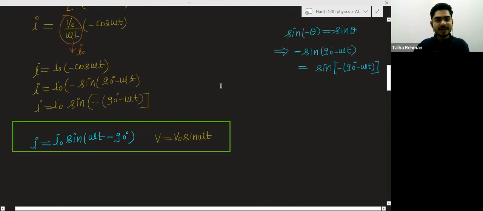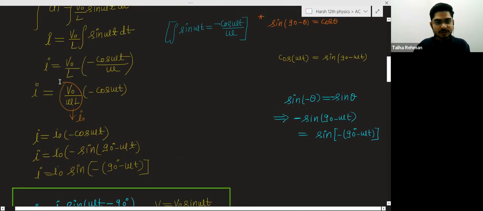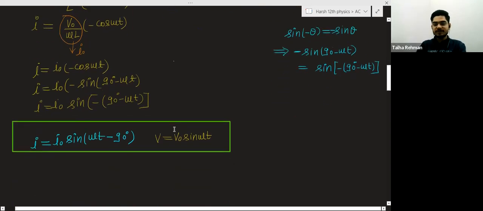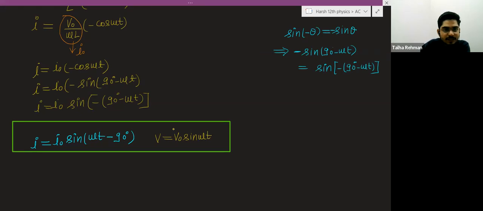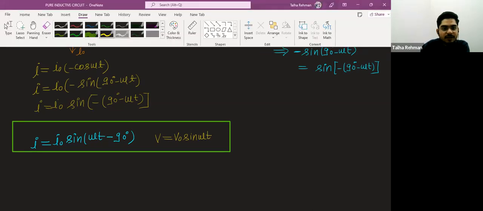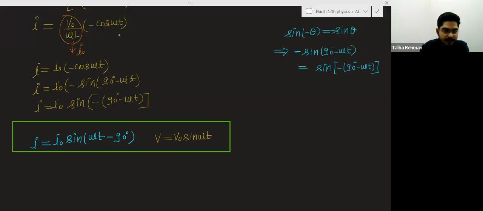One more thing that I have not told you here: this V naught by omega L gives rise to I naught. Basically, there is a term here known as the inductive reactance.